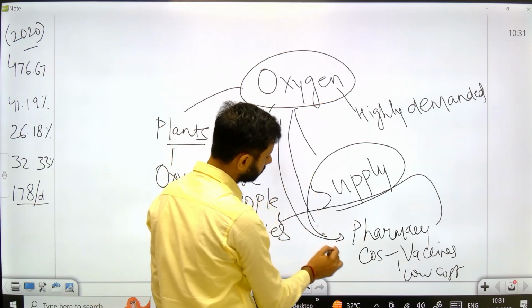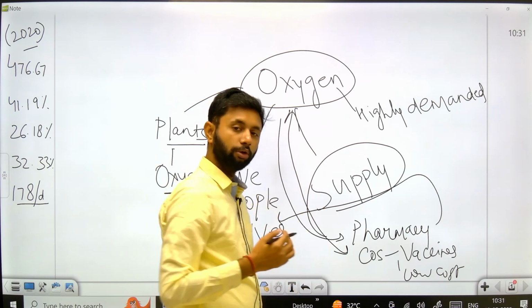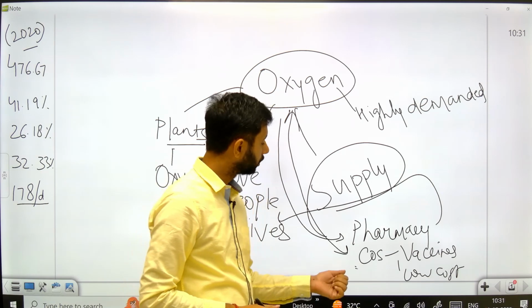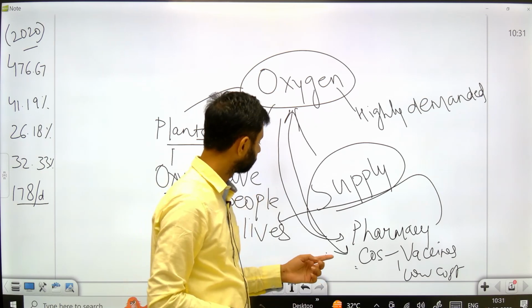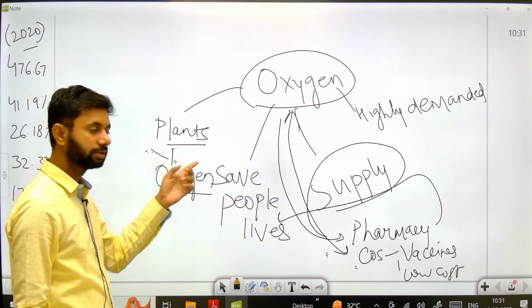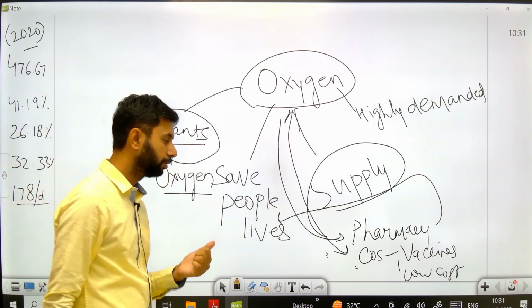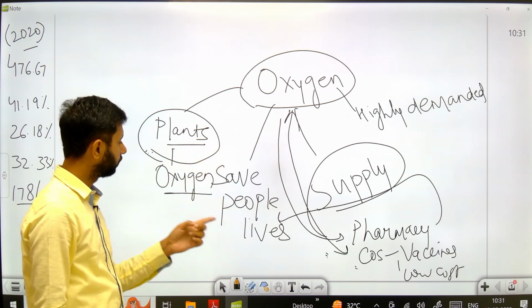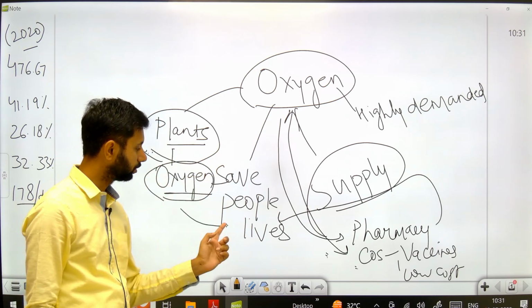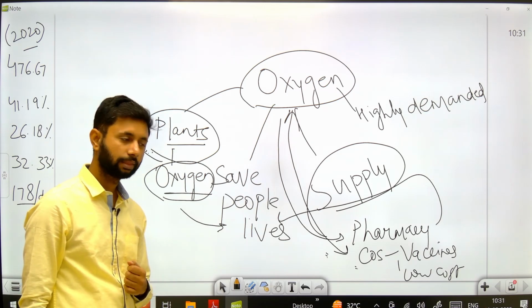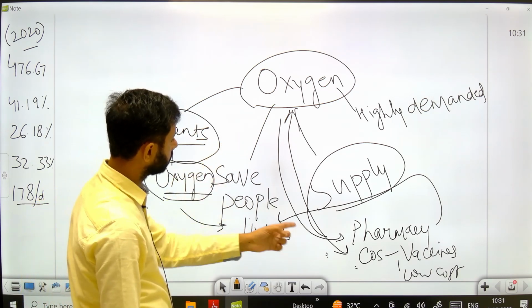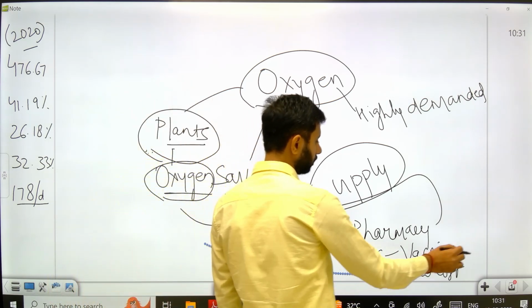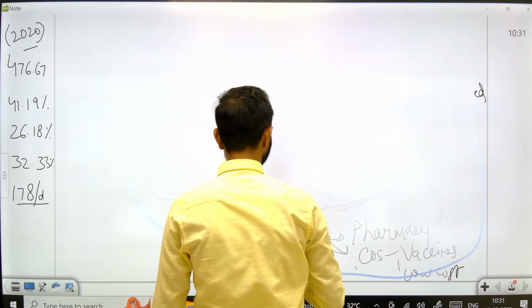So see how this relation changed: in normal circumstances the company will sell based on their costs, but here the plants which had to produce other commodities at this particular point of time produced oxygen, because the primary objective was to save people's lives. So see how industrial relations changed in this manner. Okay, so these things do affect industrial relations.